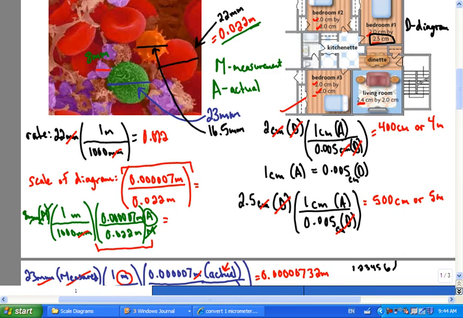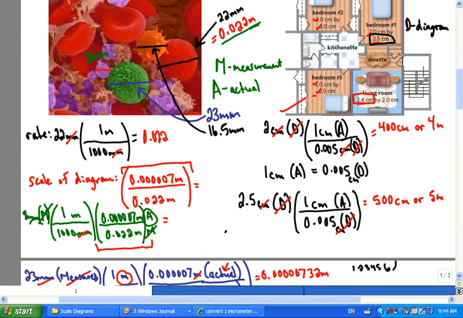Okay, and then the last one that we need to do is 2.4 in the living room. No, we're looking for 2.5. We've already found 2 centimeters, so the only ones I need to work out in the diagram now are 2.5 and 2.4.